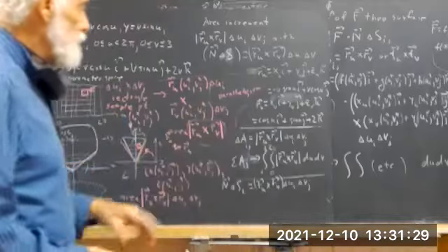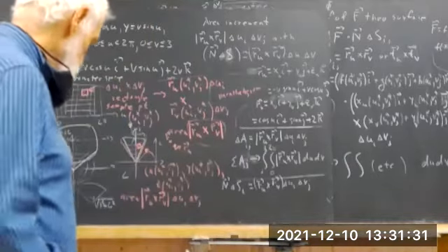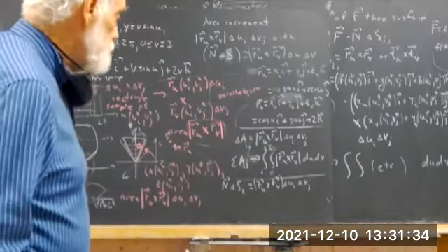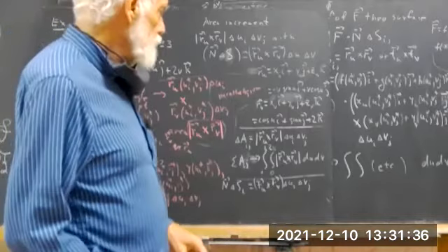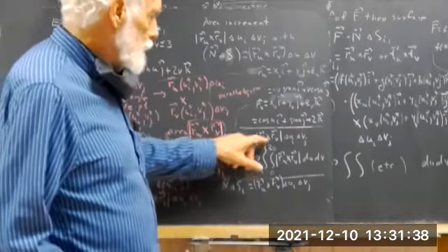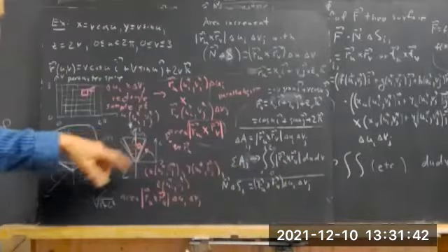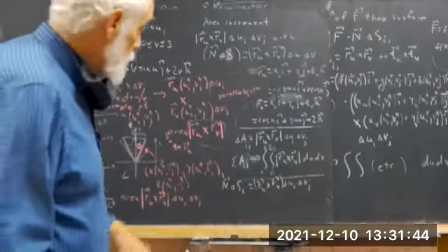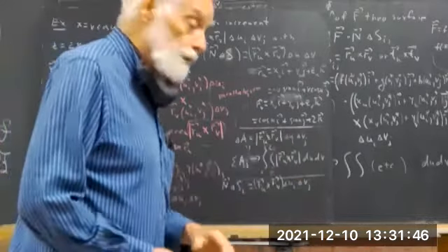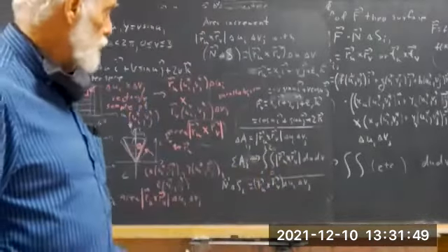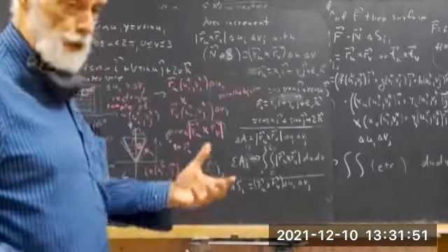Okay, then the area increment is just, again, the magnitude of this cross product, which is the area of the parallelogram that you get here, times your delta U and your delta V. Again, everything is evaluated at your sample point.